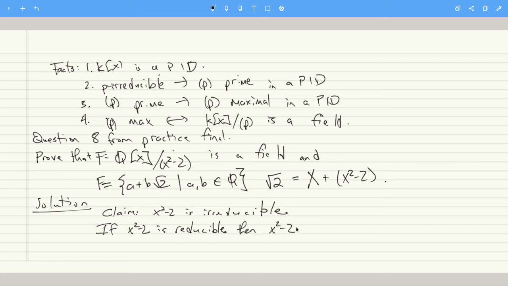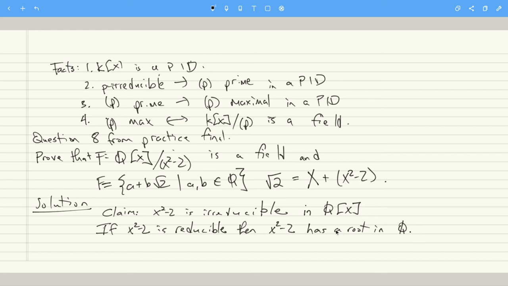I should mention that this is in the ring of polynomials with rational coefficients. If it is reducible, it has a root in the rationals.